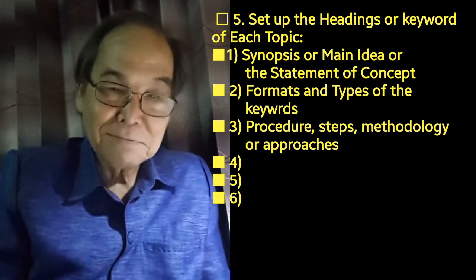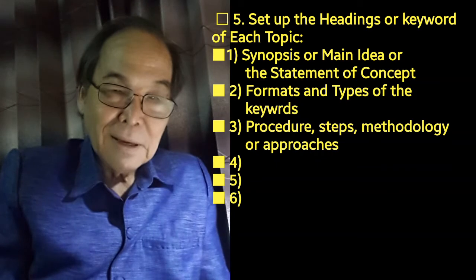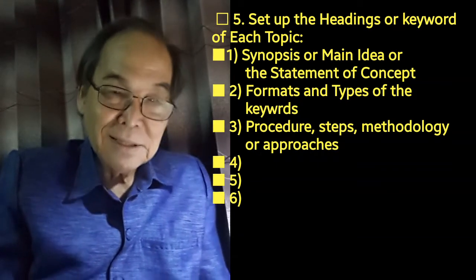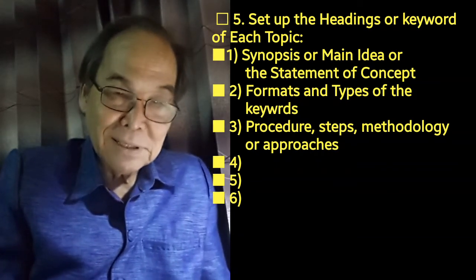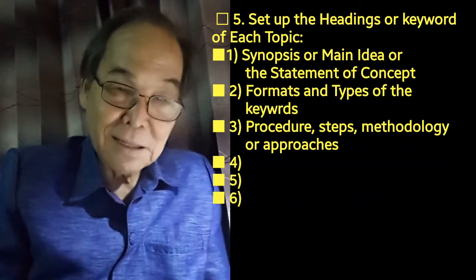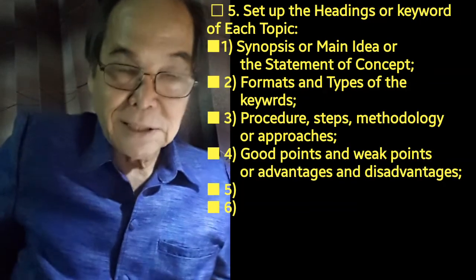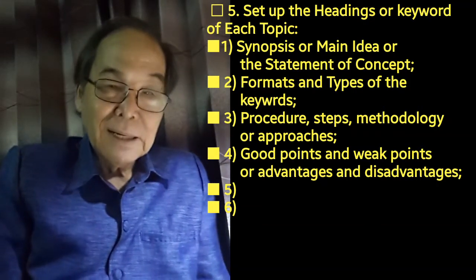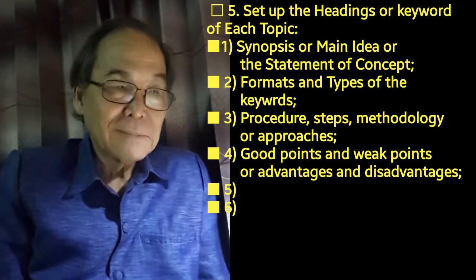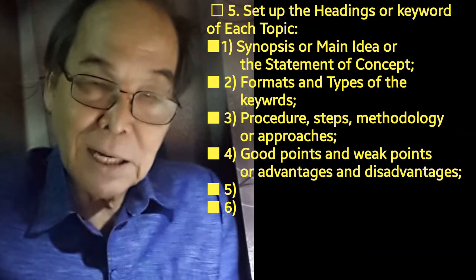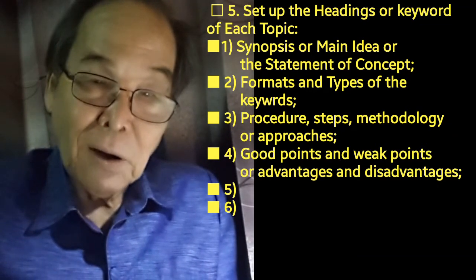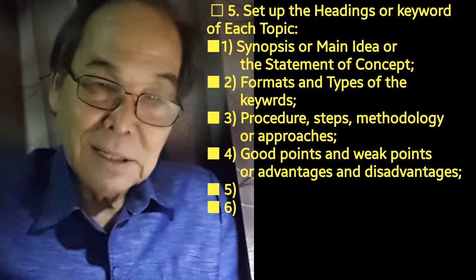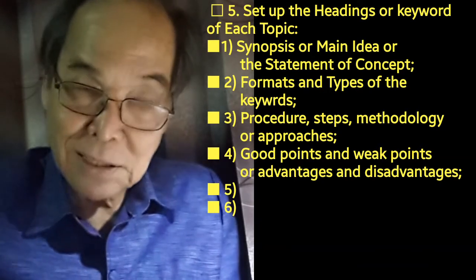Number 3, procedures or steps and methods, methodology or approaches. That's number 3. Number 4, good point and weak point, or advantages and disadvantages. Okay.